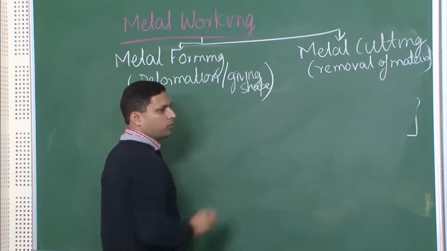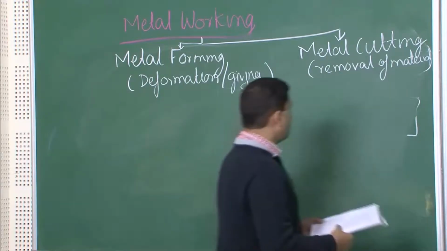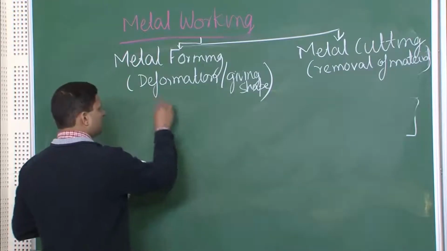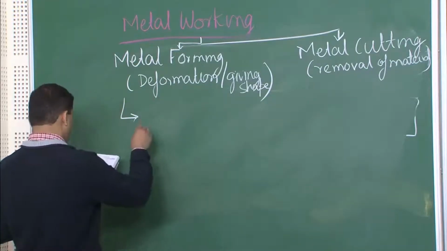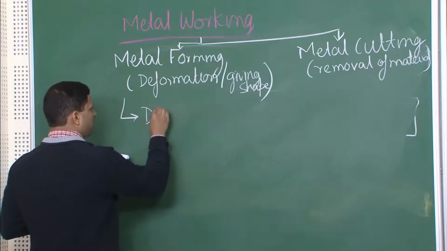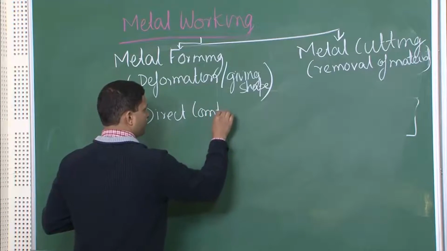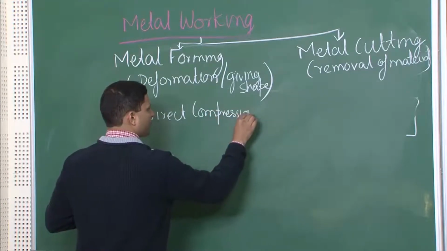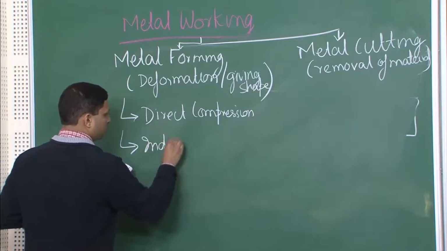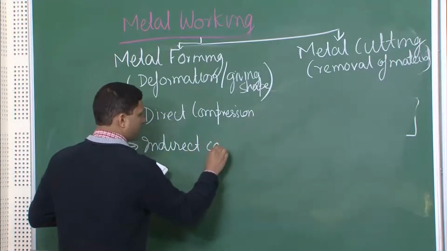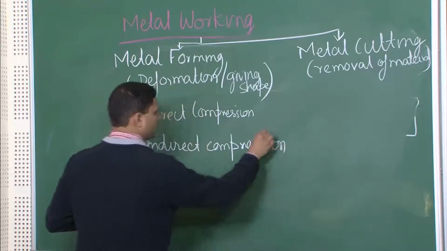So, these are the two broad classifications, but even under these we can further subdivide them based on the direction of the force. One of them is direct compression, and the other is indirect compression.